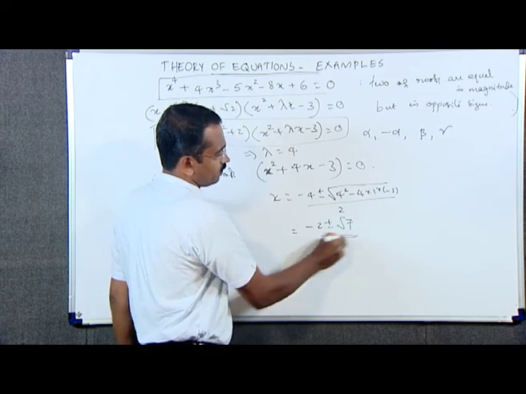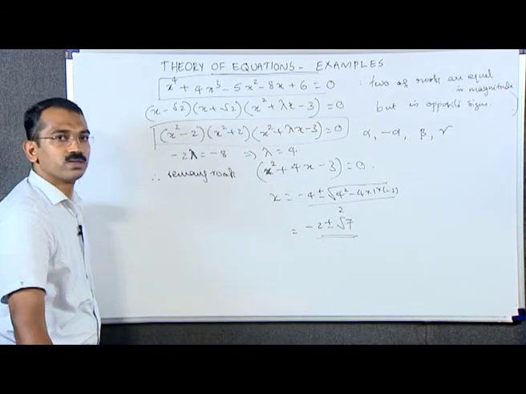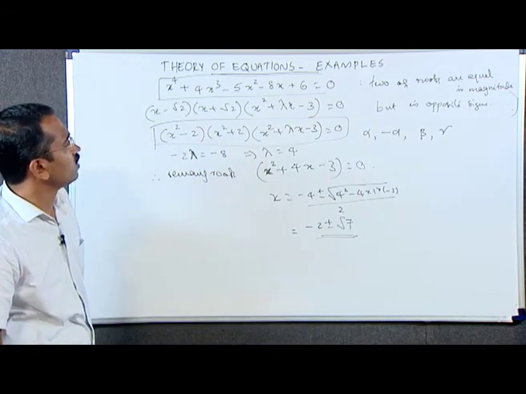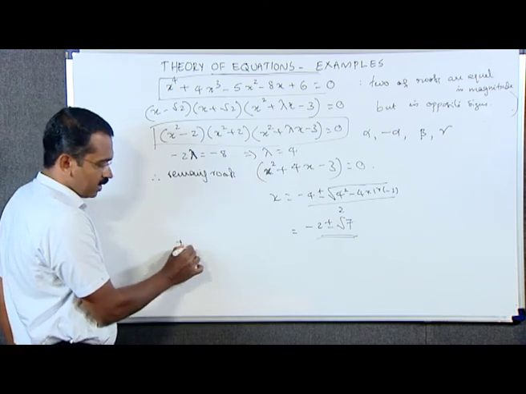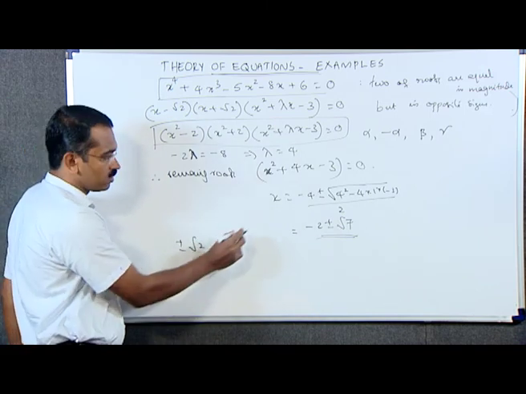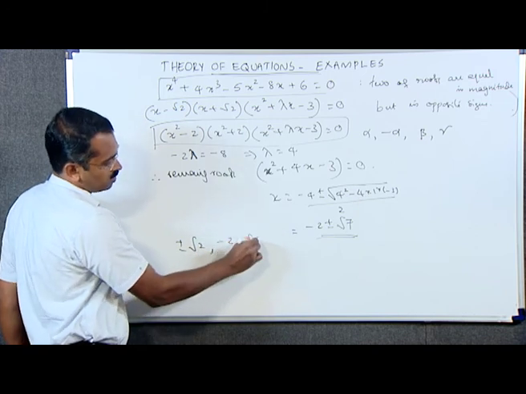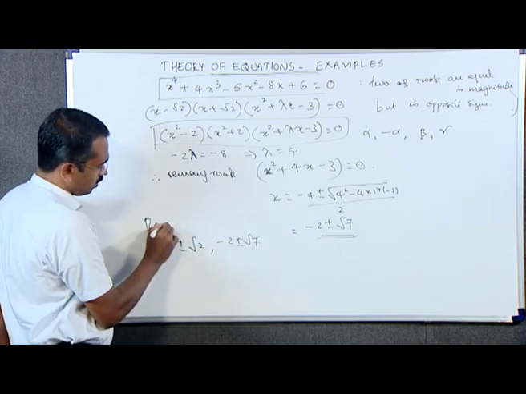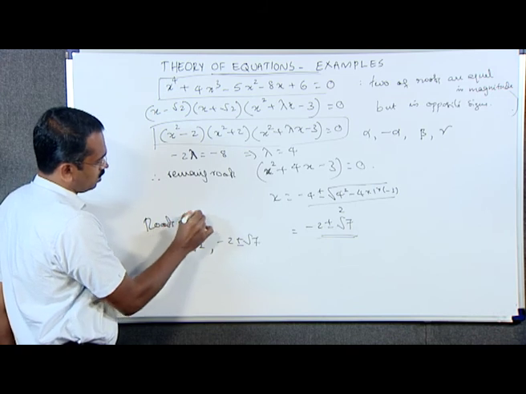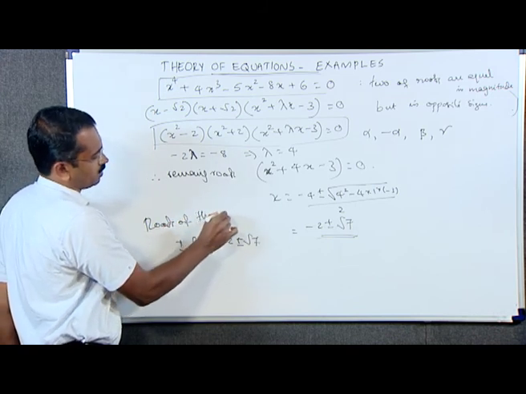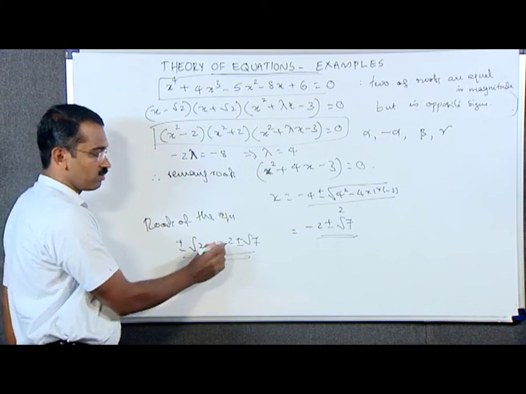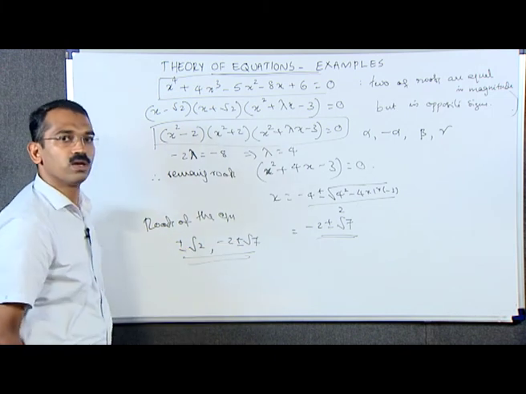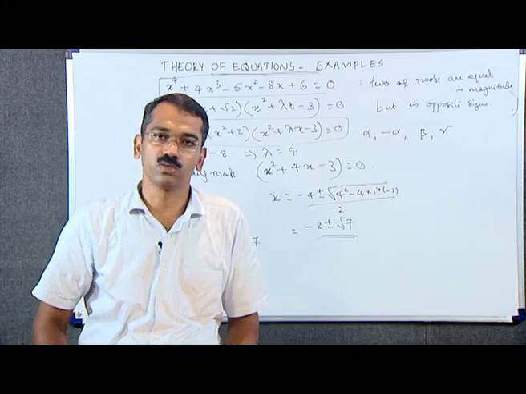Hence, we can write the roots as plus or minus root 2 and minus 2 plus or minus root 7. These are the required roots of the given equation: plus root 2, minus root 2, minus 2 plus root 7 and minus 2 minus root 7.